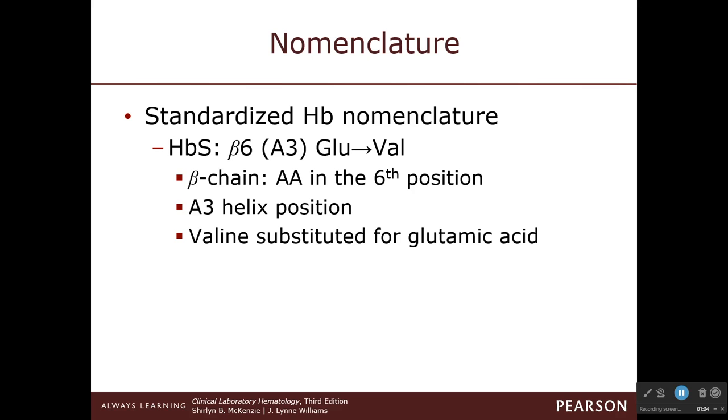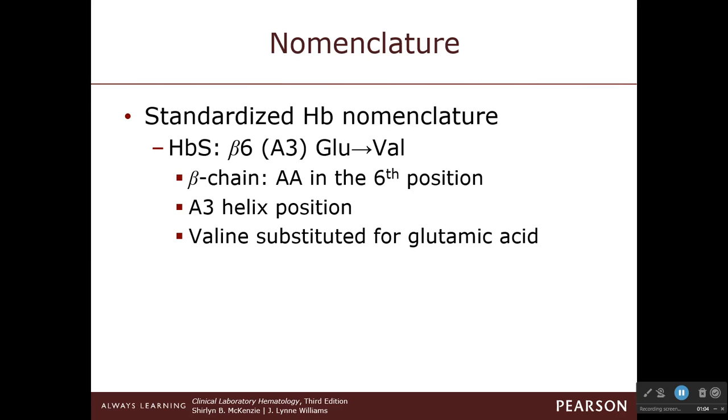So right here, in this position, hemoglobin A1, which is normal hemoglobin, should have glutamic acid there. But because it got changed to valine, that's what forms hemoglobin S. Does that make sense? So this is what you need to know.